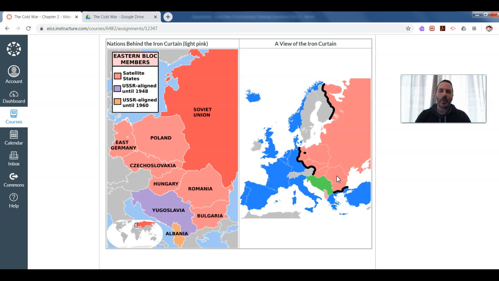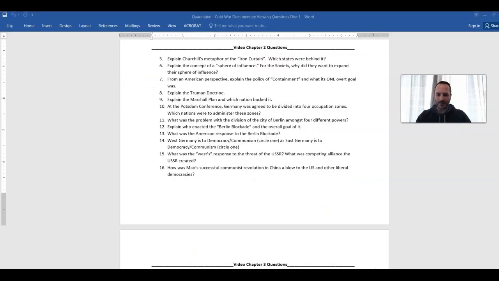So Poland, East Germany, Romania, Hungary, Bulgaria, Czechoslovakia, they're all satellite states, which basically means they're controlled by the Soviet Union, although officially not a part of the USSR. But you can bet your bottom dollar that they're controlled by puppet dictators, which are controlled by Stalin and the Soviet government. So that's number 5.